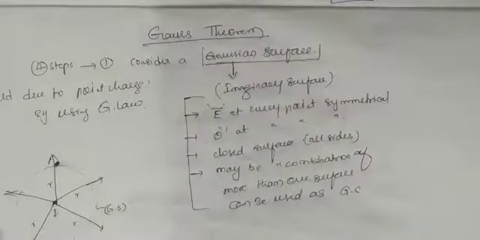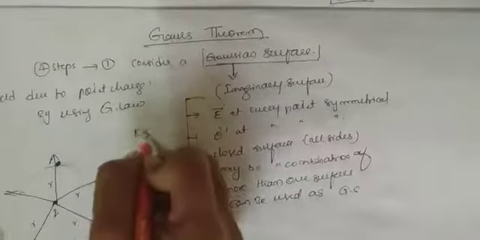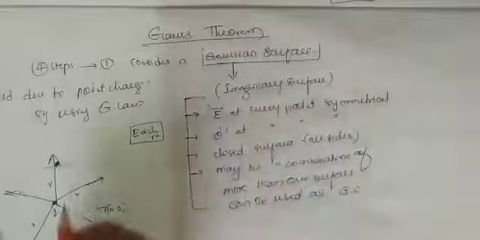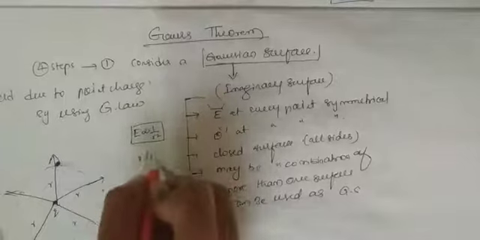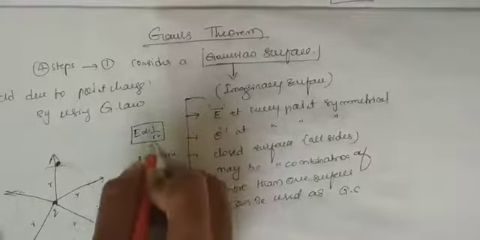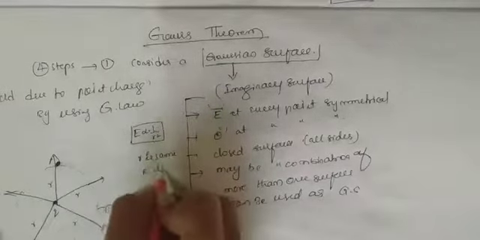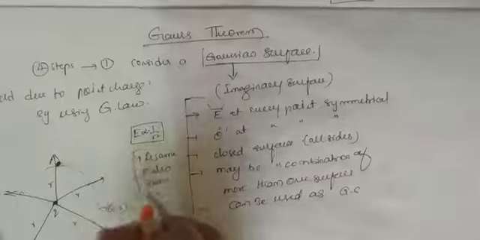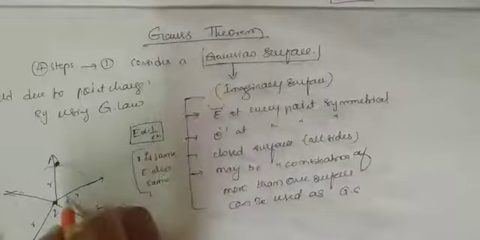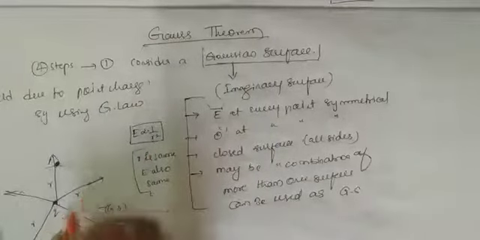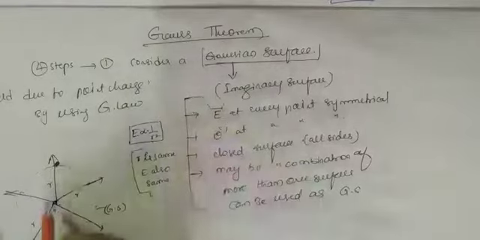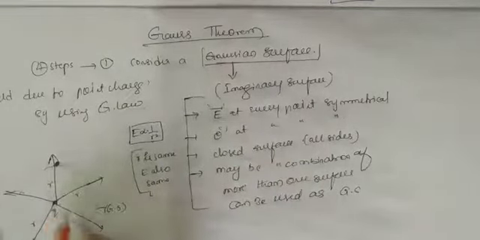According to Coulomb's law, the electric field is inversely proportional to the square of the distance. So if R is the same, then the electric field is also the same at every point. If R is 2 meters here, then it is also 2 meters everywhere else.